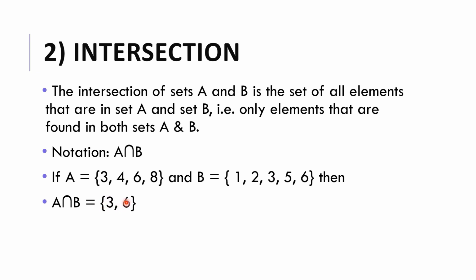These 3, 6 are those elements which are in both sets. So basically the intersection contains the elements common to both sets A and B. These 3 and 6 are in set A and also in set B.